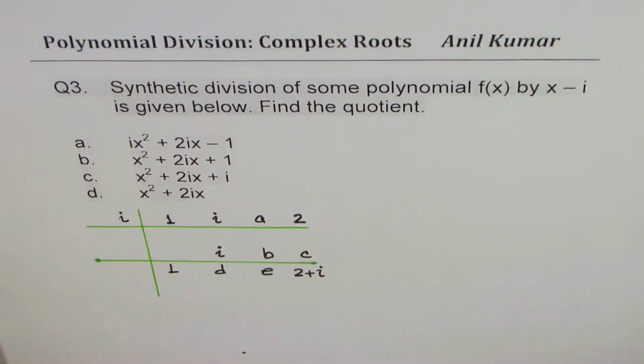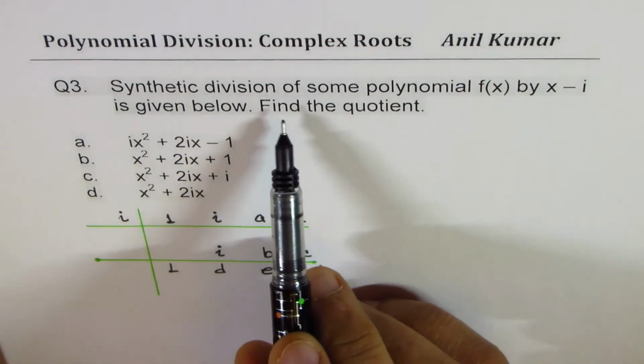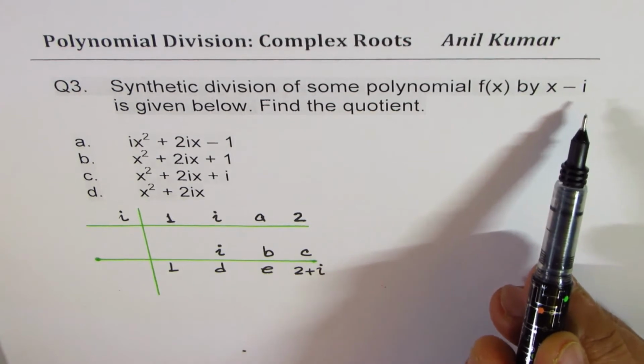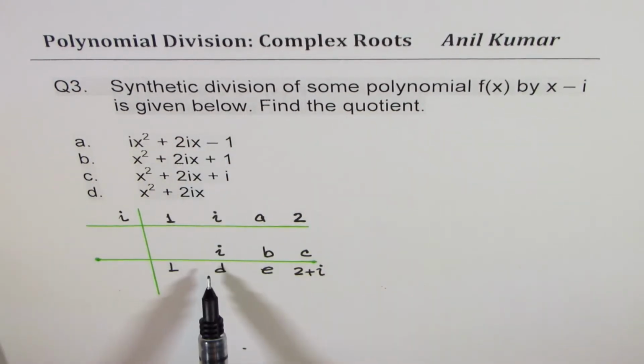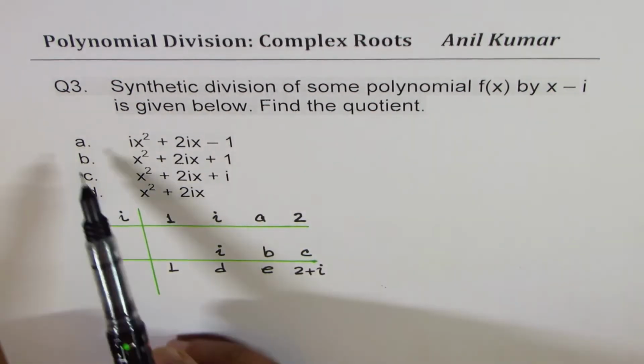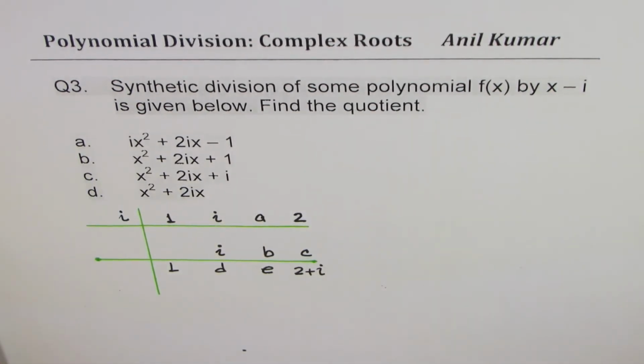Question number 3. Synthetic division of some polynomial f of x by x minus i is given below. So that is the synthetic division. Find the quotient. We are given 4 choices. Now let's look into the synthetic division part.